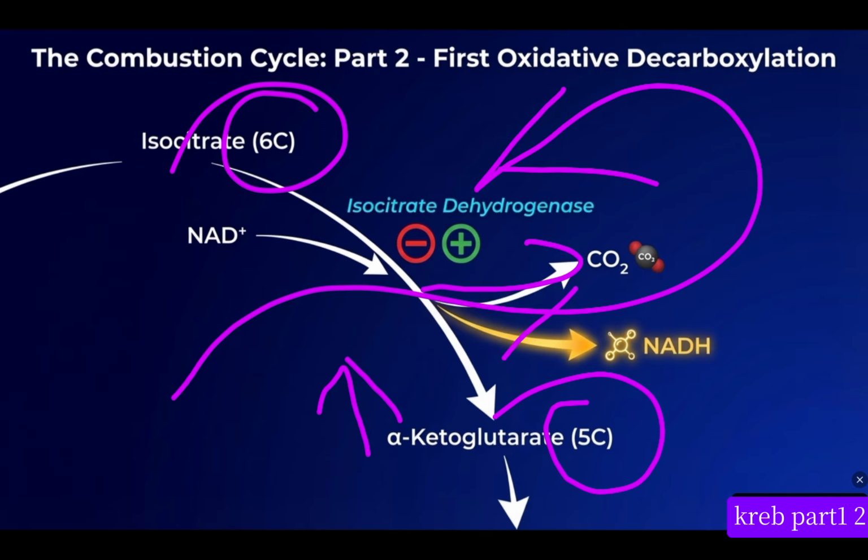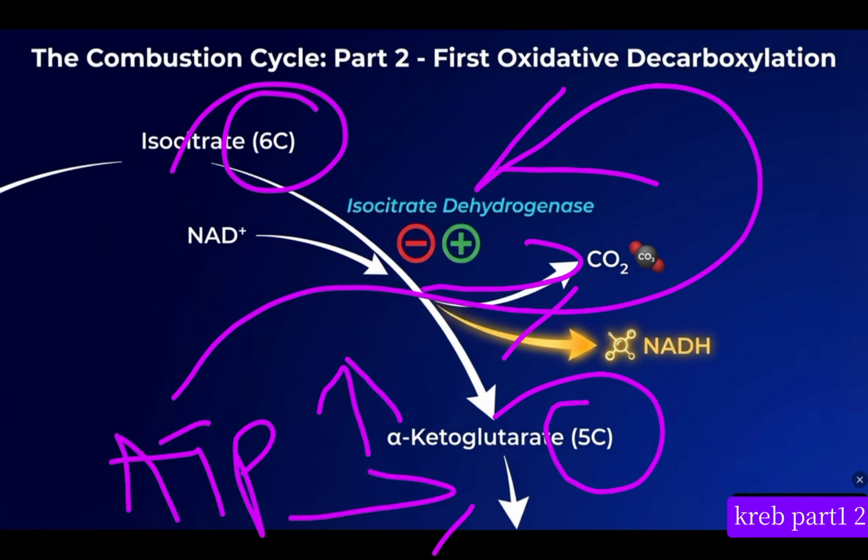High accumulation of alpha-ketoglutarate leads to inhibition by what? ATP. This ATP starts inhibiting isocitrate dehydrogenase. Isocitrate dehydrogenase stops this conversion of isocitrate to what? Alpha-ketoglutarate.